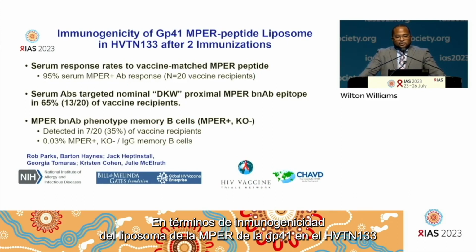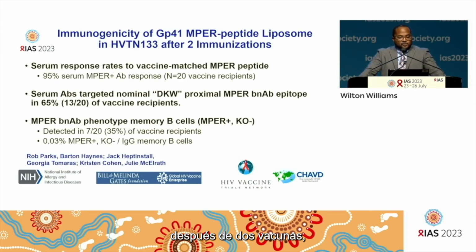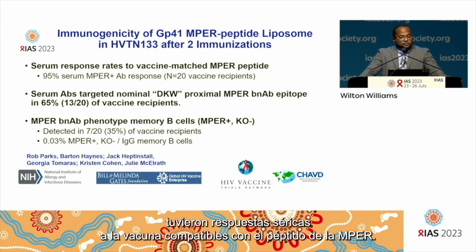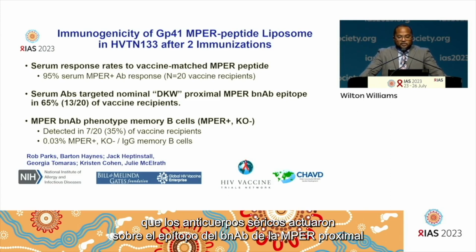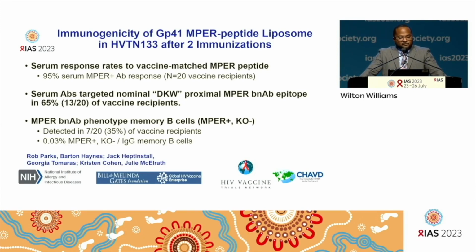In terms of the immunogenicity of GP41 MPER peptide liposome in HVTN133 after 2 immunizations, Georgia Tomaras' group at Duke found that 95% of the vaccine recipients had serum responses to vaccine-matched MPER peptide. Barton Haynes' group at Duke showed that serum antibodies targeted the nominal DKW proximal MPER bNAb epitope, also targeted by 2F5, in 65% of the vaccine recipients.